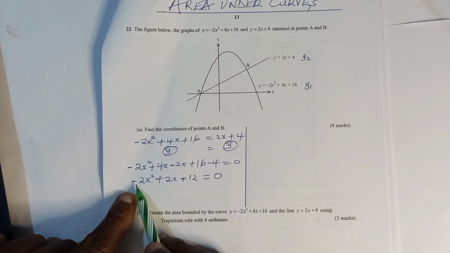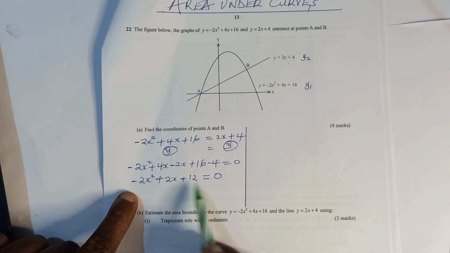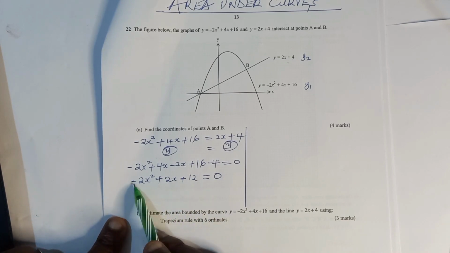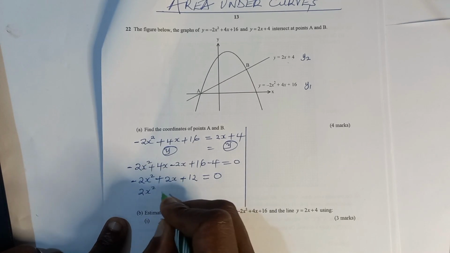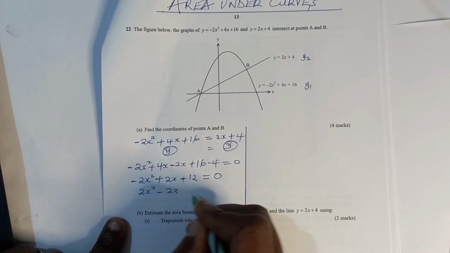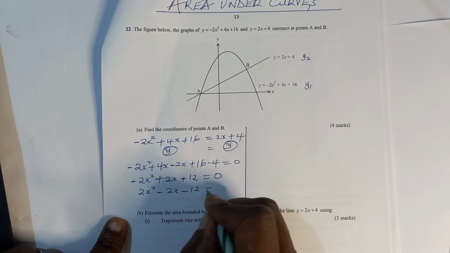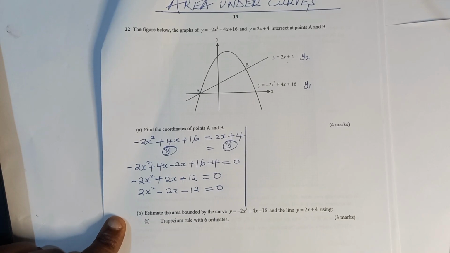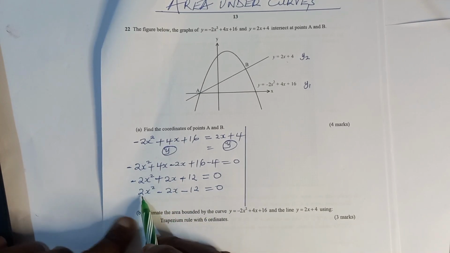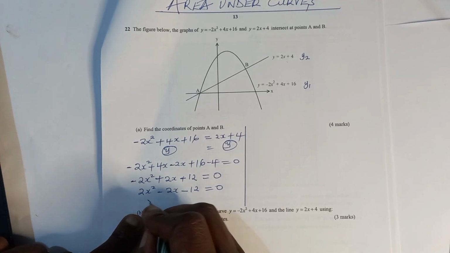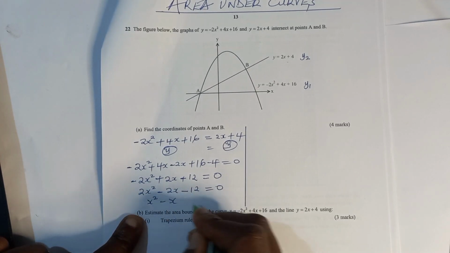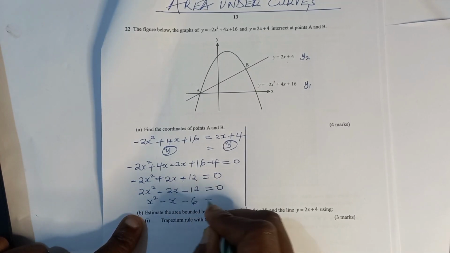To get rid of the negative, I multiply each term by negative 1 to get 2x squared minus 2x minus 12 equals 0. I can still simplify by dividing everything by 2 to get x squared minus x minus 6 equals 0.